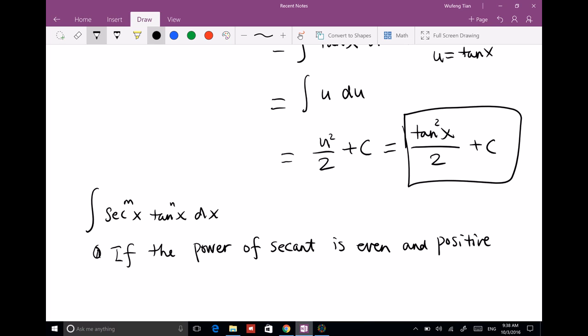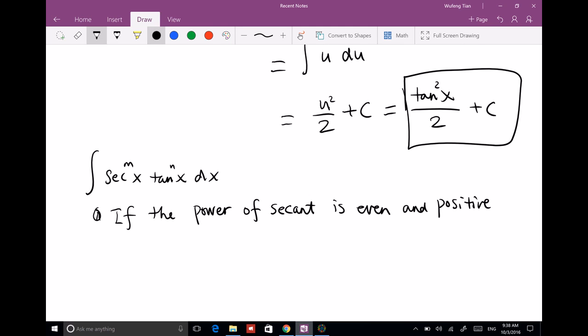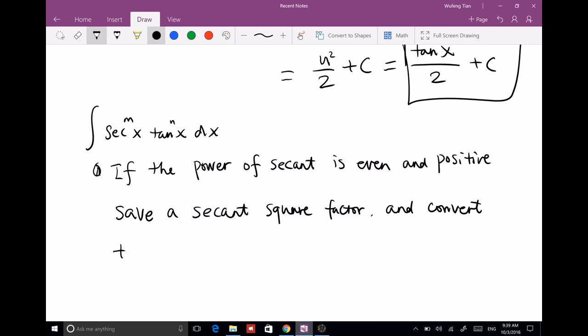If the power of the secant is even and positive, we save a secant squared factor and convert the remaining factors to tangent.